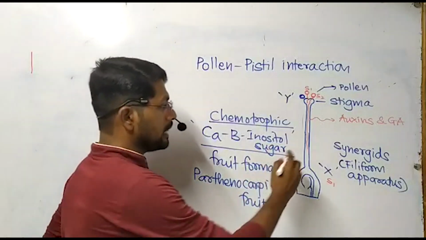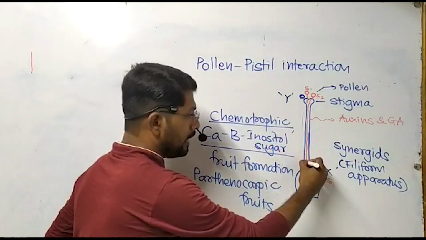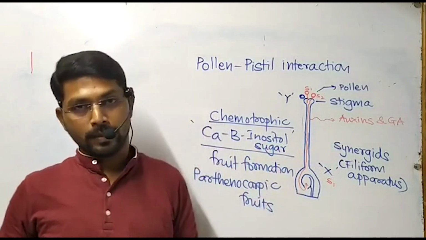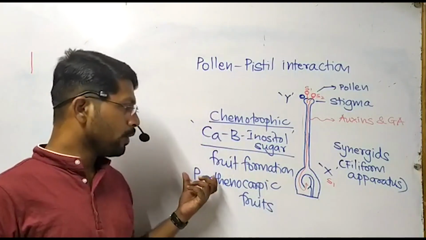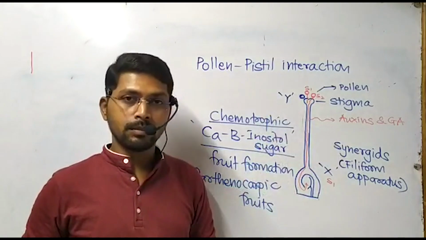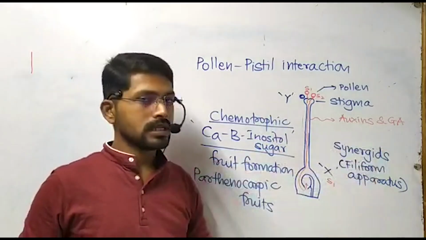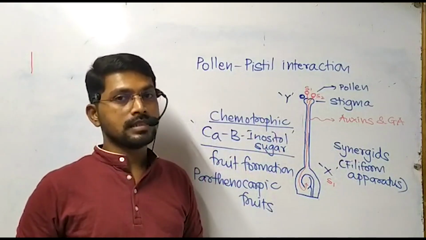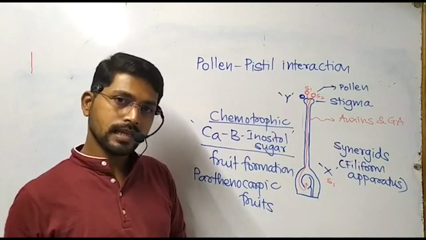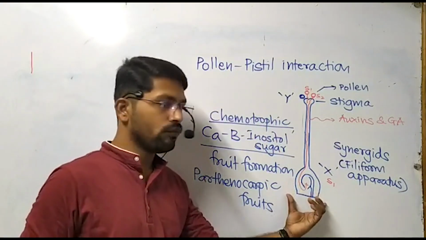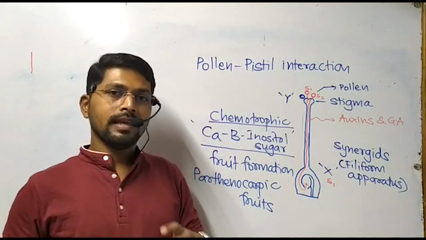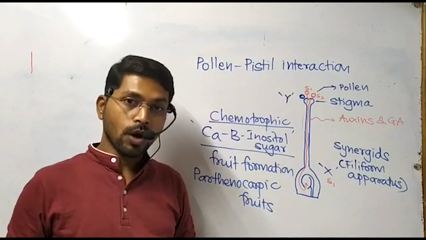In this way, the pollen tube will subsequently enter into the ovary and finally enter into the ovule through the micropyle. Next important thing is, the pollen tube at the time of growth is responsible for secretion of phytohormones like auxins and gibberellins. Now, auxin and gibberellin will stimulate the secretion of the same phytohormones by the ovary, and in this way cell division starts in the ovary, it will increase in size and fruit is formed.